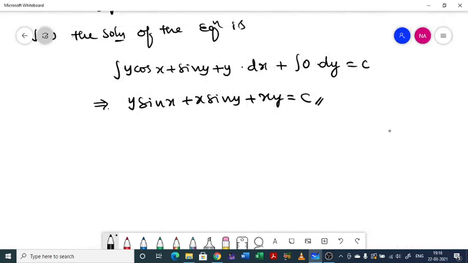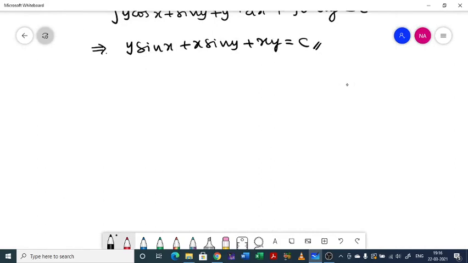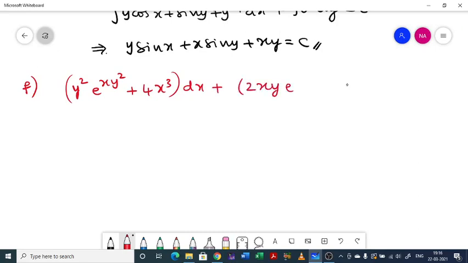A, B, C, D, E. Next, F. We need to solve (y squared e power xy squared plus 4x cubed) dx plus (2xy e power xy squared minus 3y squared) dy equal to 0.